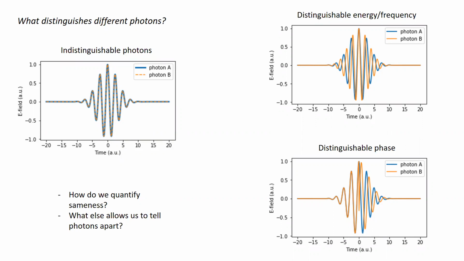What is the duration here? You have arbitrary units on the time axis. Do you have a feeling for what that would be, like a nanosecond or 10 nanoseconds? That's the lifetime of this wave packet.